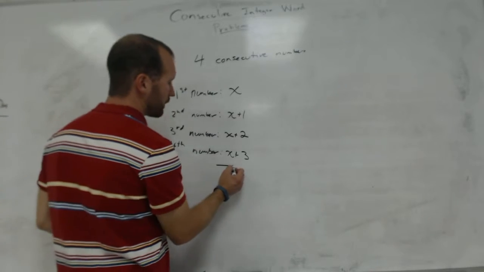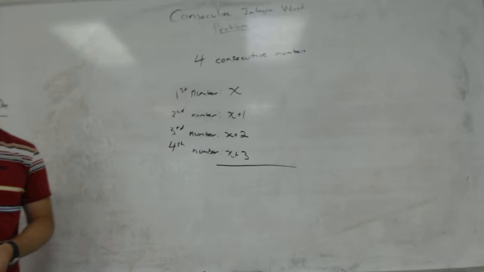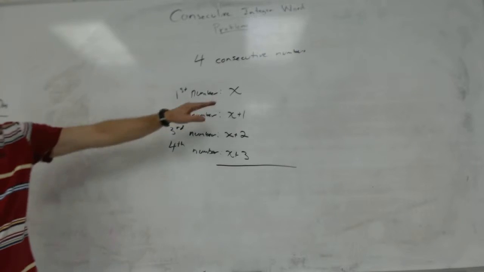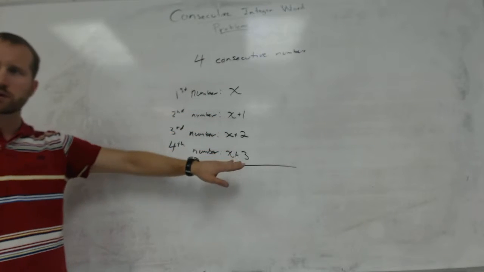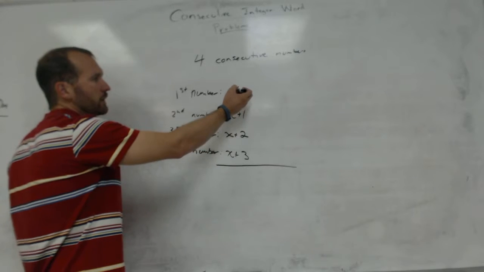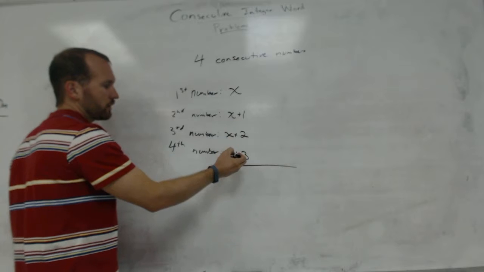How would I find the sum of that? What would be the sum of 4 consecutive numbers? If I add x plus x plus 1 plus x plus 2 plus x plus 3. This is what we're doing. I'm counting up the number of x's. 1, 2, 3, 4. 4x.